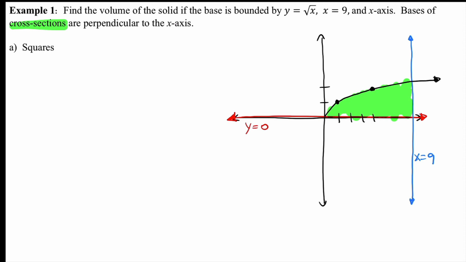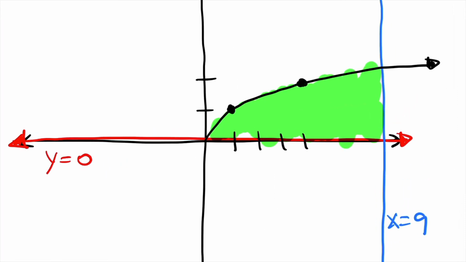So they have little slices of squares like this, like I'm showing you right now. Let me make this a little bigger so we can see. Little slices of squares are going to be stacked here and here and here. An infinite number of slices are going to be there.